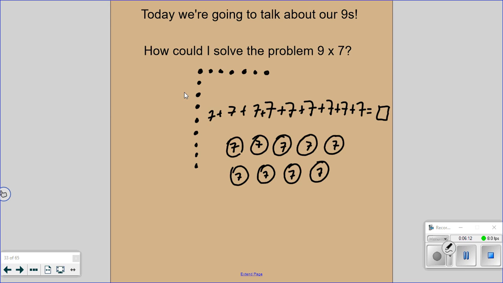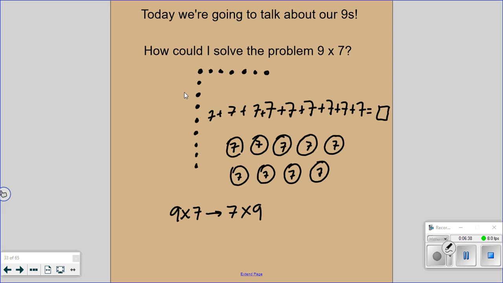Archer, what are your thoughts? Can we switch? So I was thinking we could use Paxton's, but we could switch it around. What is that called when we switch it around? I keep forgetting. Ooh, it does have a name. So, Archer, you're saying instead of thinking about it as 9 groups of 7, you want to think about it as 7 groups of 9?